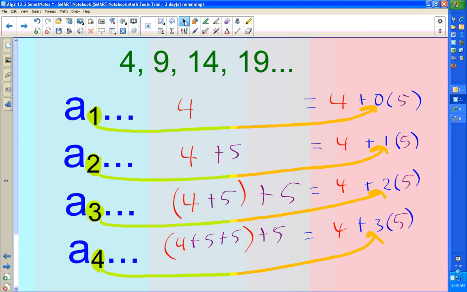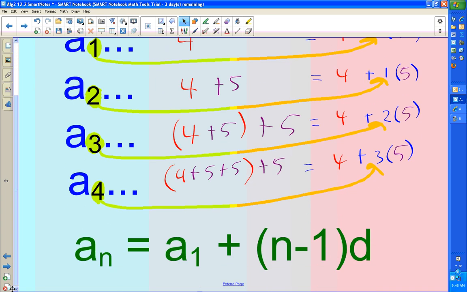What's 4? The number in red. It is the first term. And what's 5? Common difference. So in general, if I want to find out the nth term, I've got to have the first term, a sub 1.